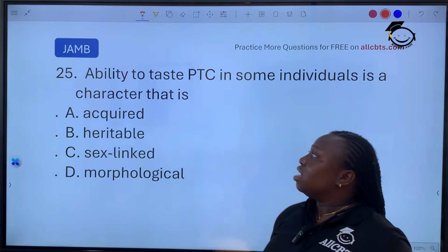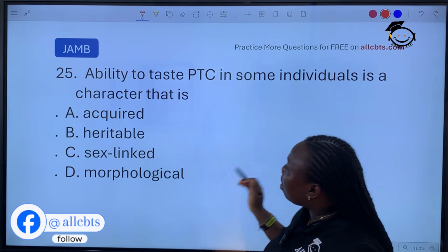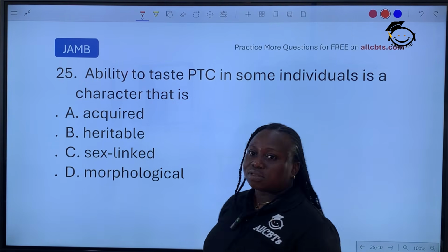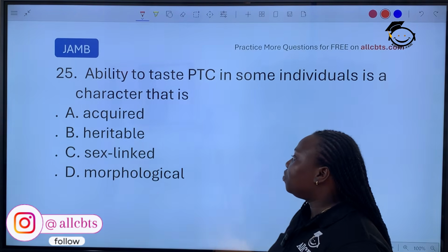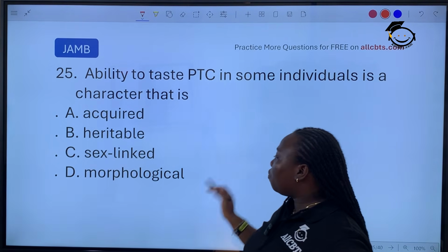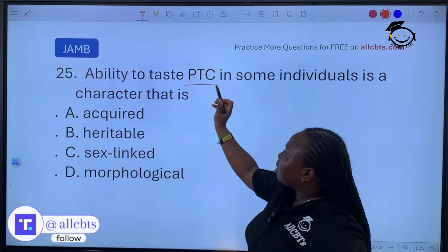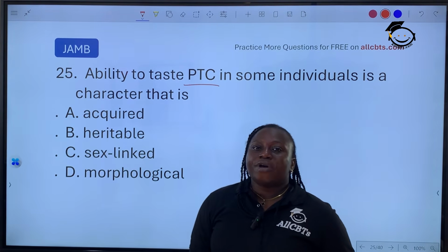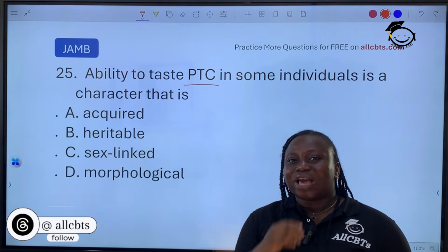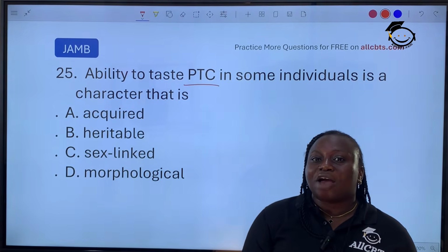Number 25. Ability to taste PTC in some individuals is a character that is what? A, acquired. B, heritable. C, sex-linked. D, morphological. Now, PTC is a chemical which, when one tastes it, we have two kinds of people in the world: people that can taste it and people that cannot.